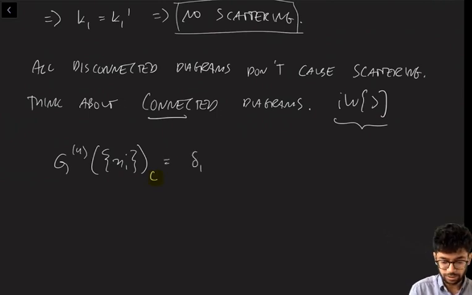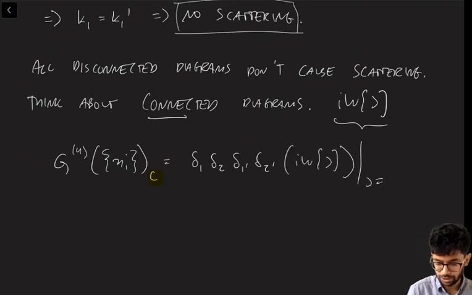And this is equal to the following functional derivative, the 2 prime of iW of j at j equal to 0. Okay. And indeed, iW of j is trivial to lowest order in lambda. It only becomes non-trivial at first order. And so there's no scattering at order lambda to the 0, which makes perfect sense.